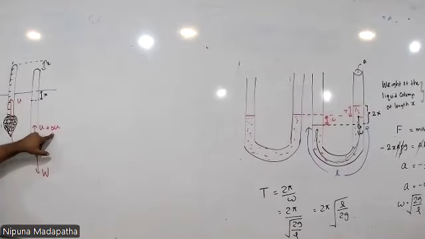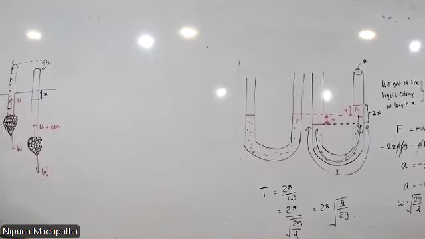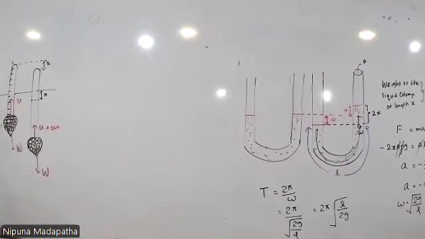Now what is the excess force, or net force, acting on this hydrometer to bring it back to its equilibrium position?